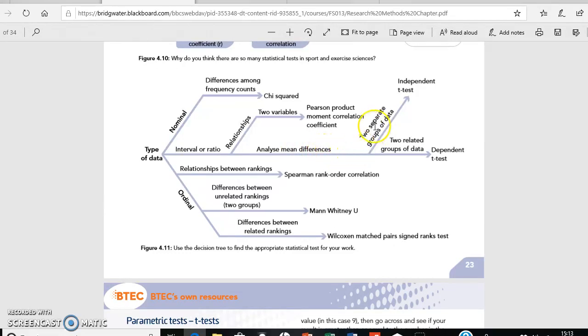And so that leaves us with two separate groups of data for the independent t-test, or two related groups of data for the dependent t-test. I need the independent t-test up here because we tested two separate types of shooting that were independent of each other. And so this was how I knew to run my t-test.